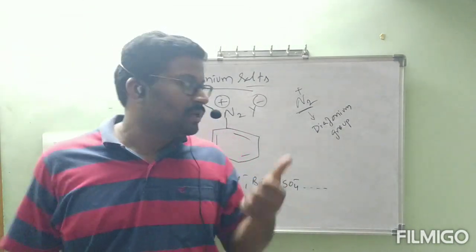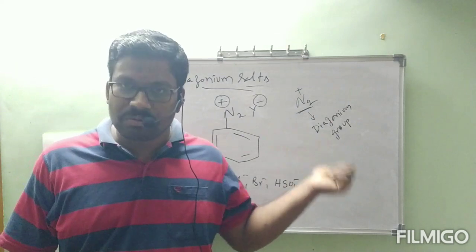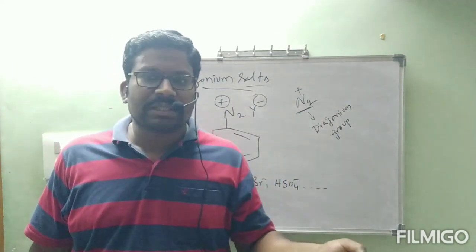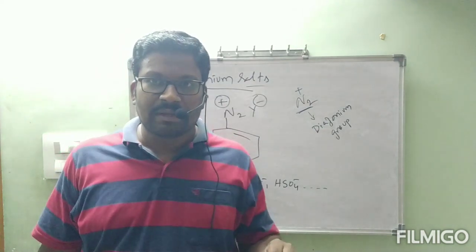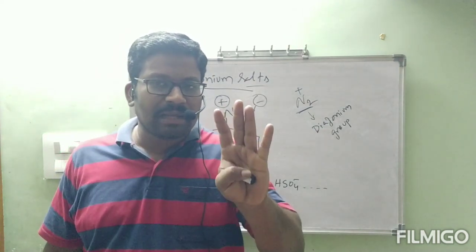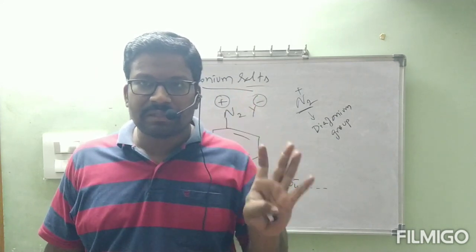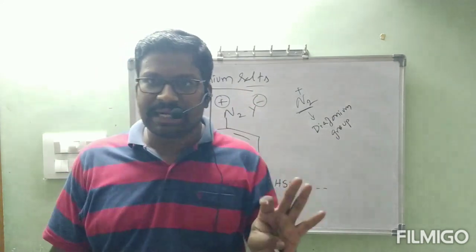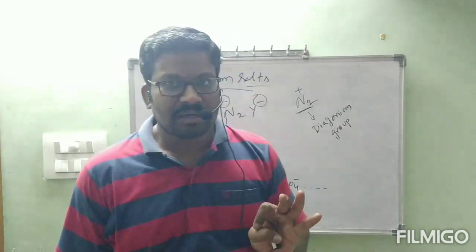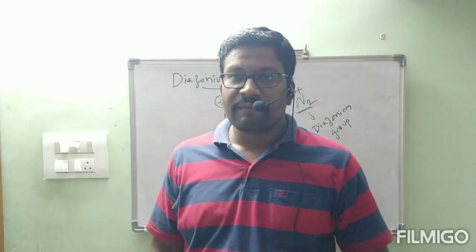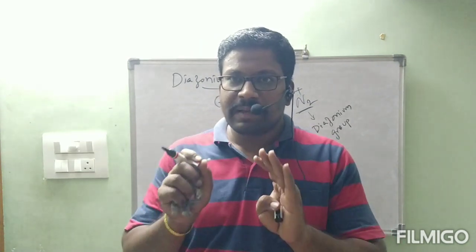In one or two more classes we will complete the amines chapter. With that, four important organic chapters are completed: first, haloalkanes and haloarenes; second, alcohols, phenols and ethers; third, aldehydes, ketones and carboxylic acids; and fourth, amines. Very important, and you have to prepare well.